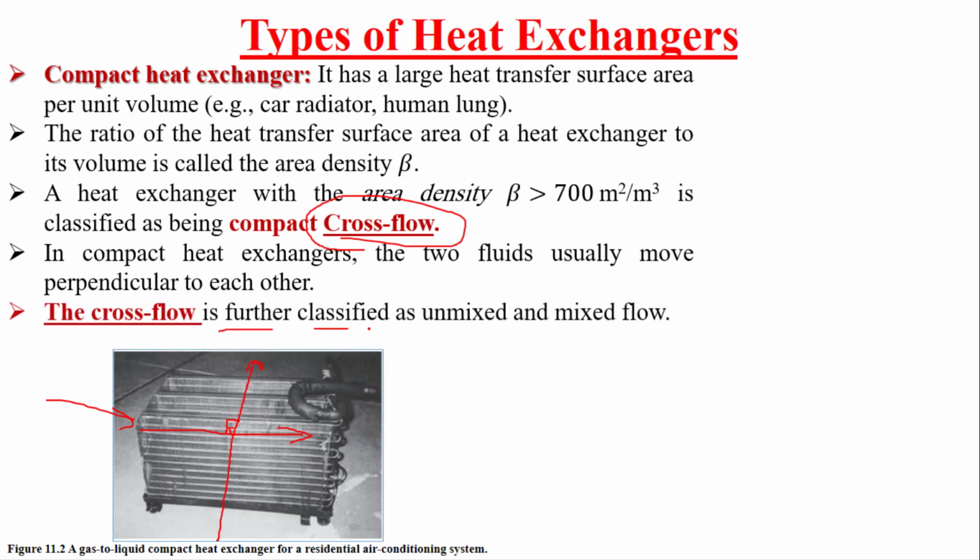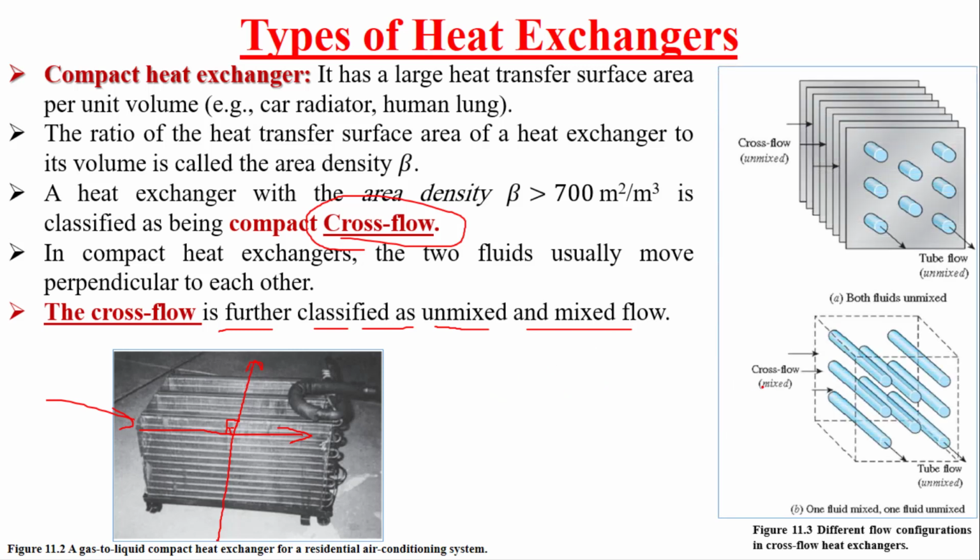The cross flow is further classified as unmixed and mixed flow. Here is the diagram for both fluids unmixed. We have fluid flowing in those tubes in this direction, and here we have cross flow flowing in these sheets. So we say that both fluids are unmixed.